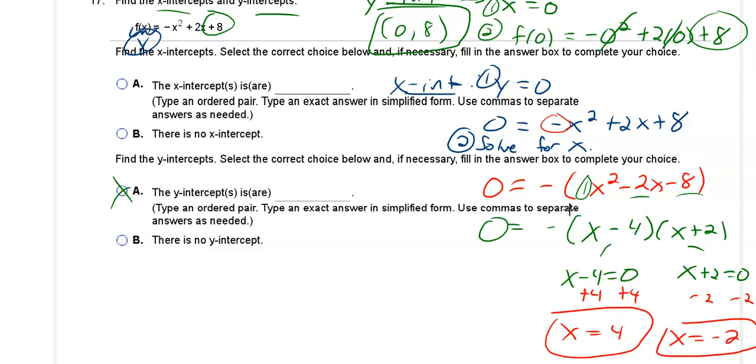You might say, what about this negative sign? It doesn't do anything for finding the x-intercepts. Now, it's important for the equation, like if you're graphing it, that negative sign is very important. It determines the behavior of the parabola pretty significantly. But for finding the x-intercepts, it would be the same whether that negative was there or not, right? If these are your two factors, this negative sign doesn't change the answers you're going to get.